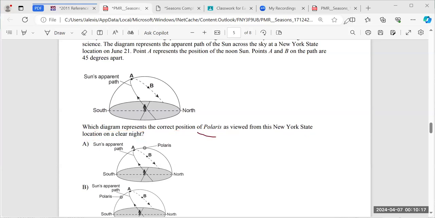So once again, Polaris is the North Star, right? And we know that there is a special relationship between Polaris, the altitude of Polaris, and your latitude, right? The altitude of Polaris is equal to your latitude.